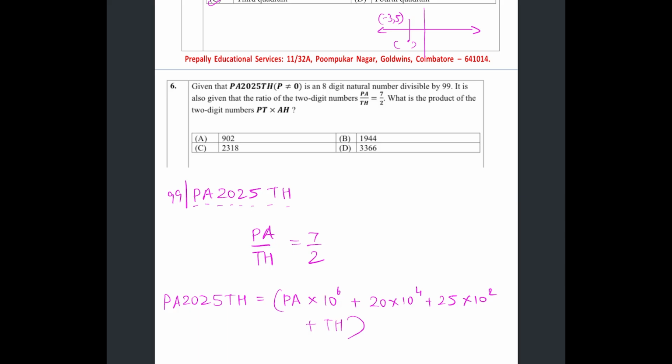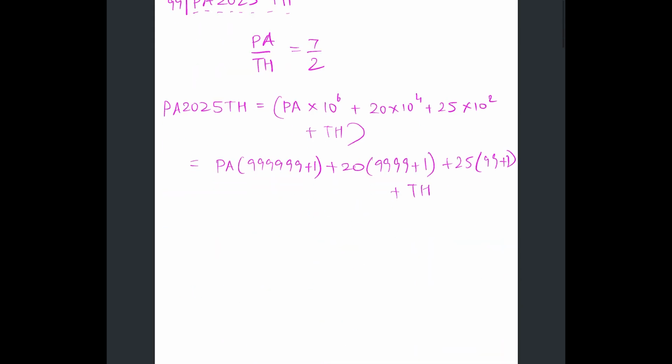Now when this is divided by 99, what do we get? We get the remainder as, so we can again write this as PA into 999999 plus 1, plus 20 into 9999 plus 1, and 25 into 99 plus 1, plus TH, right?